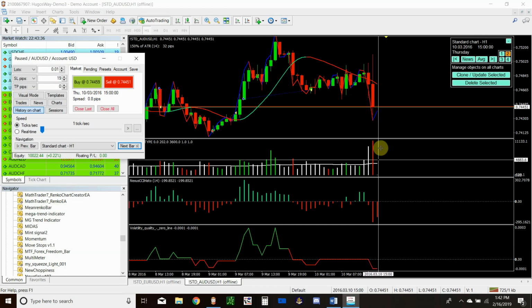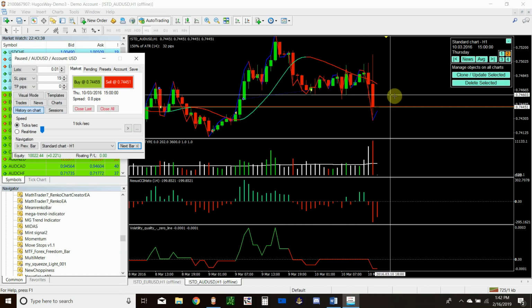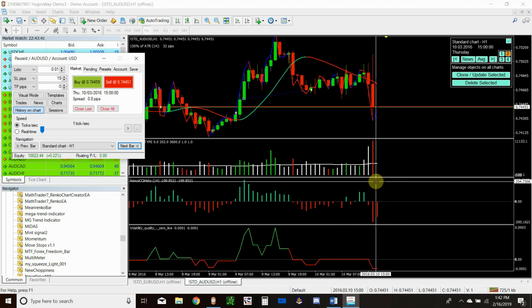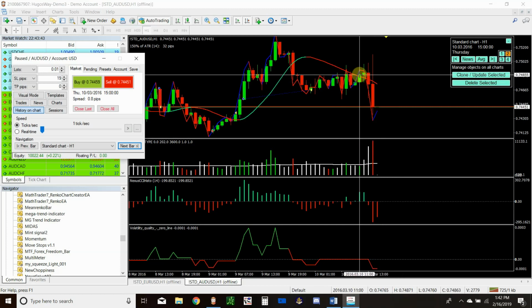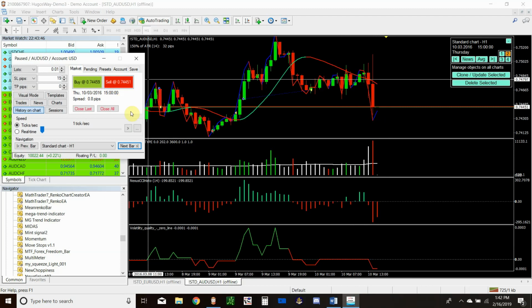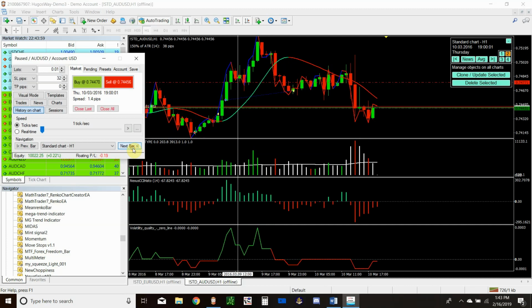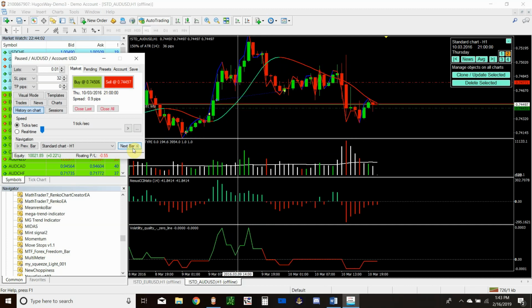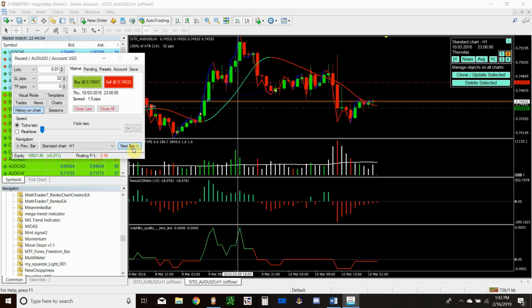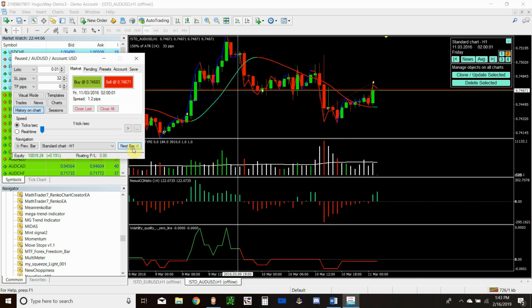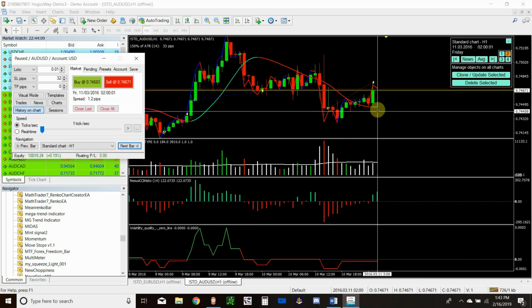We've got red here on the whole moving average. We got red on all of these. So let's go ahead and enter a short trade. 32 pips is going to be our stop loss. We're going to sell. Okay, we got stopped out on that one.